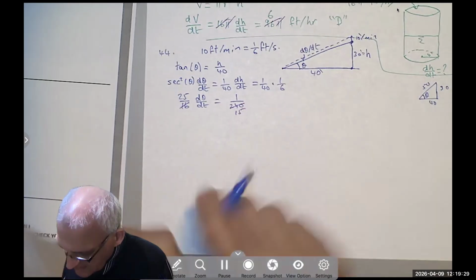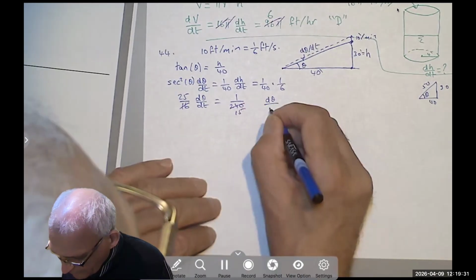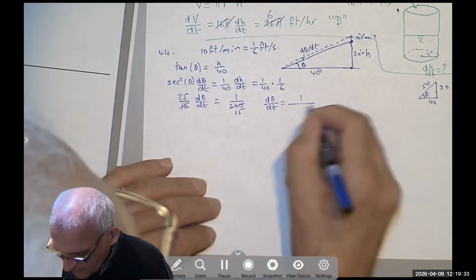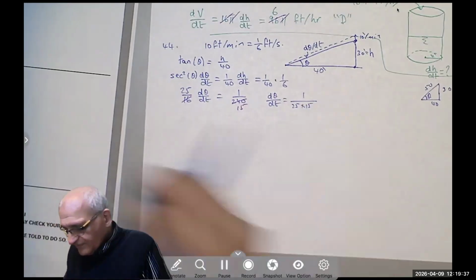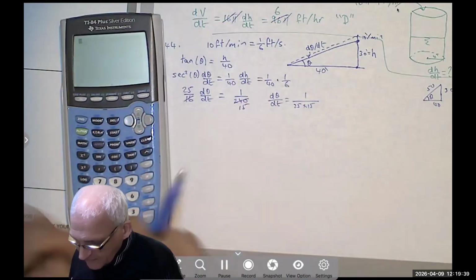So d theta dt is 1 over 25 times 15, which is 250 plus 125, 375, right?